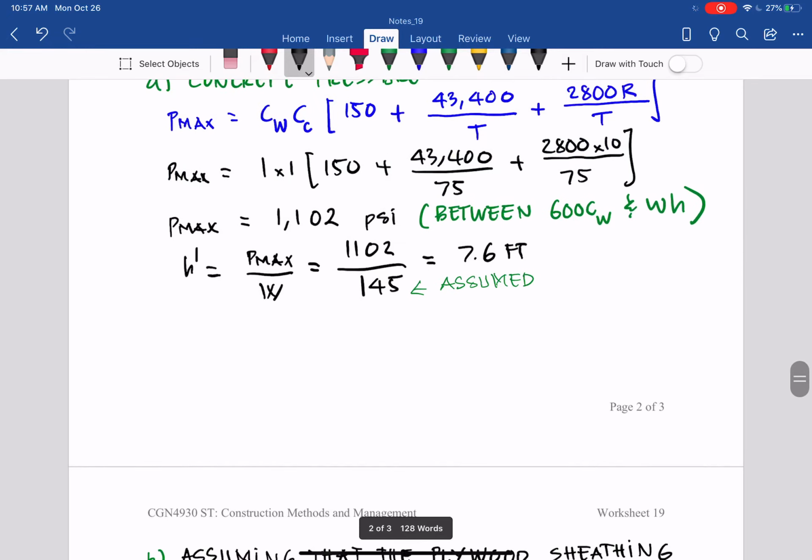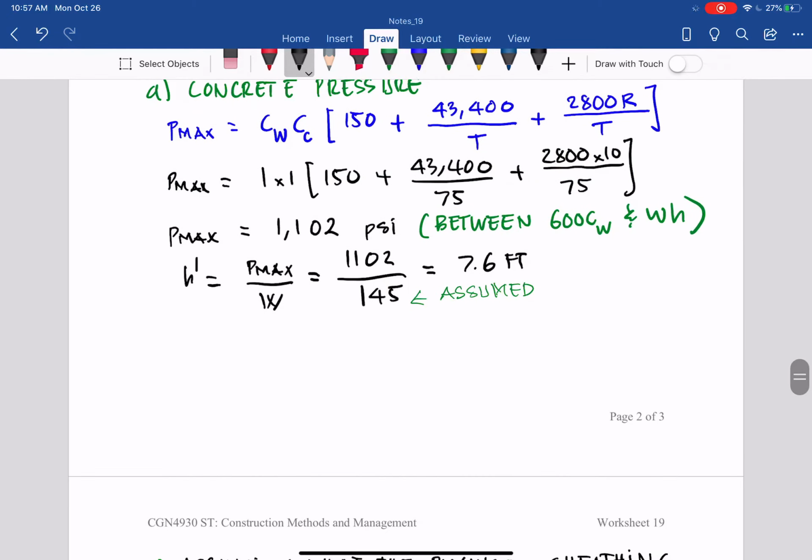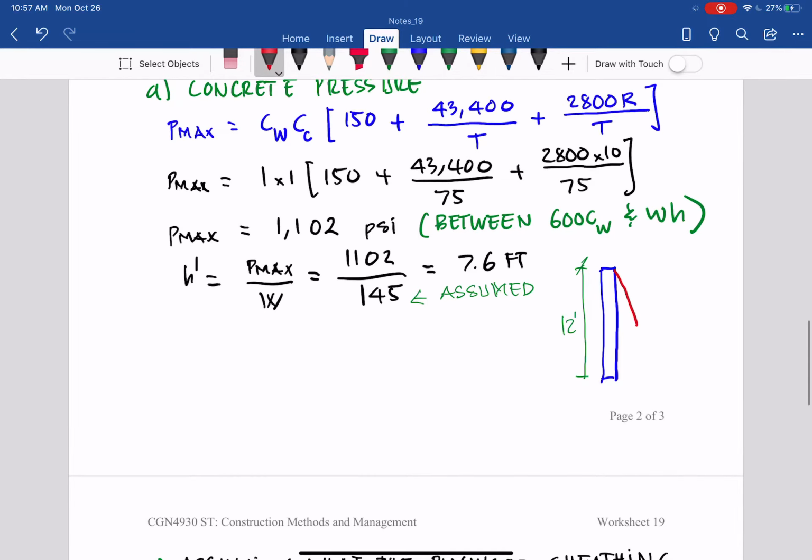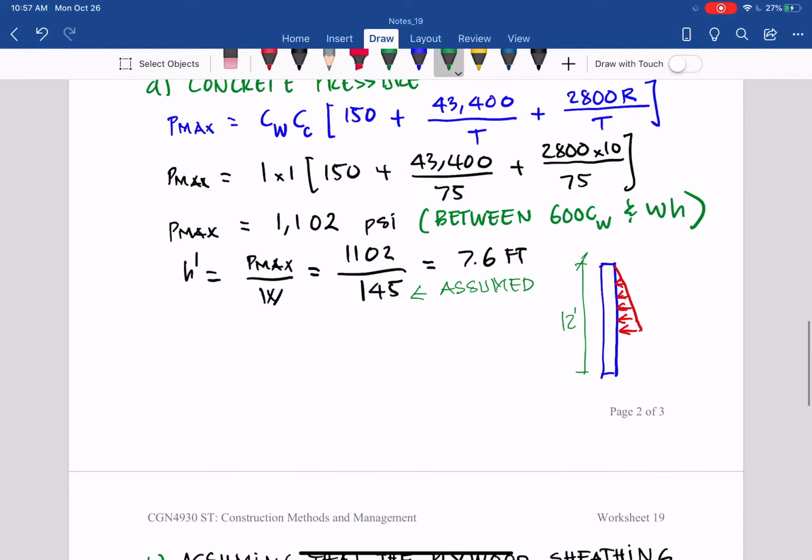So how does it look for the distribution? Now, as you can see, the wall is 12 feet, and the distribution there, the h' mentioned there is 7.6 feet.